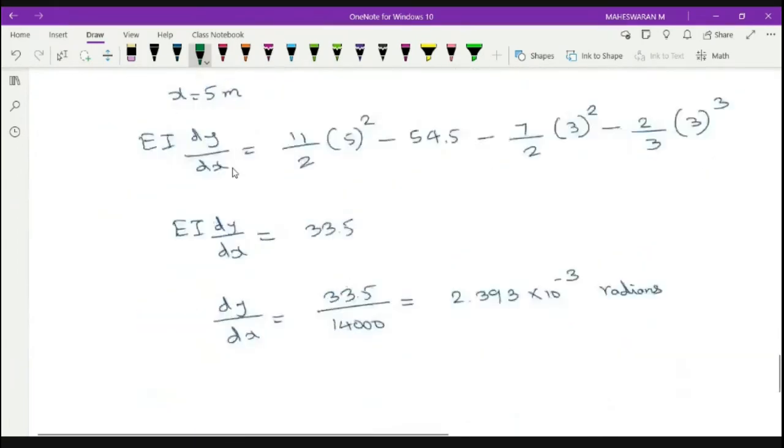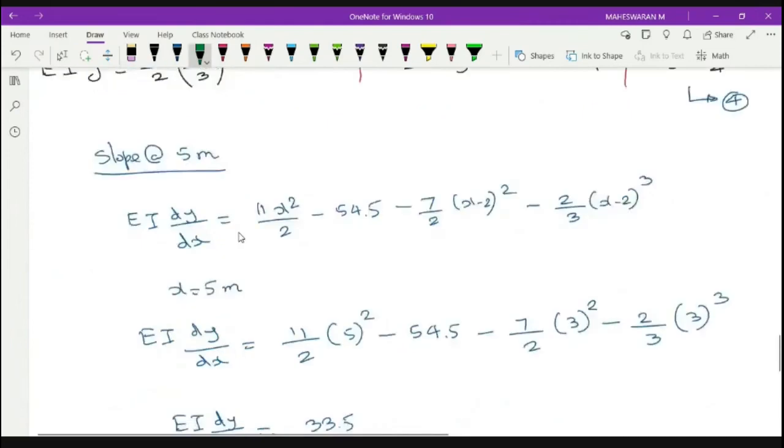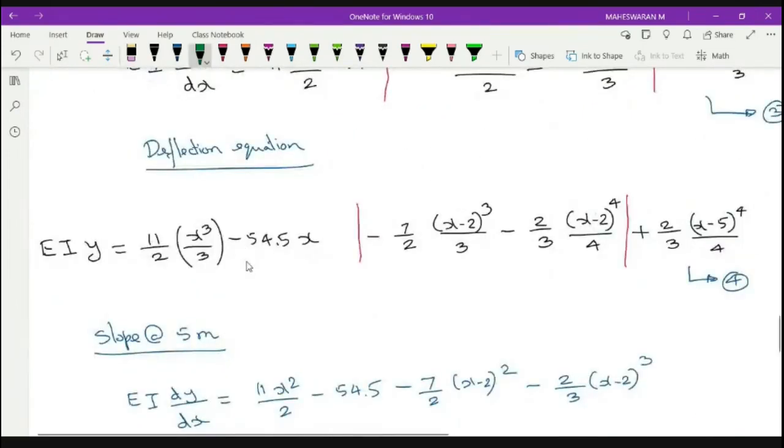Now let us identify what is the deflection. So what is the deflection at 5 meter? Which means, again, I have to consider the equation accordingly. So x is 5, positive 5, and 5 minus 5 is 0, so I have to consider up to this.